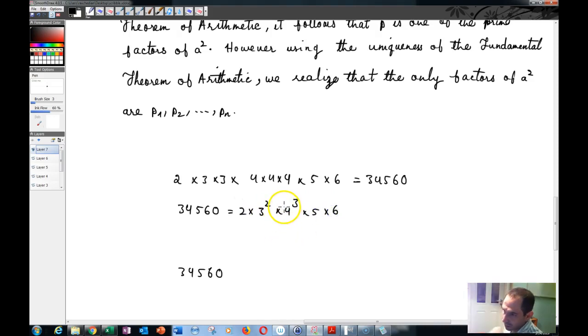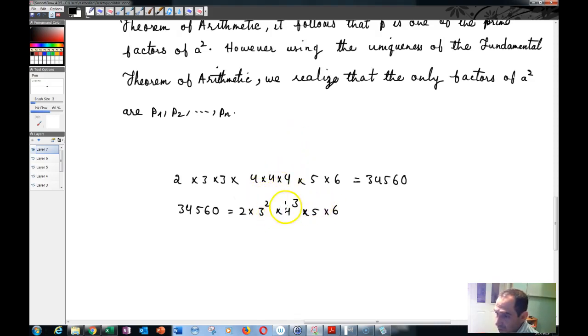Okay, so now the prime factorization of this number is this thing that you see over here. But the only prime factors of this number are, it doesn't matter to what power they have been raised.